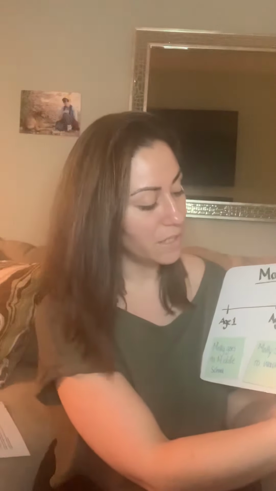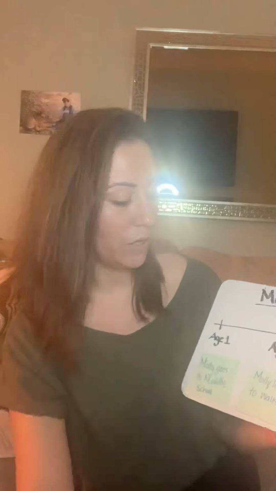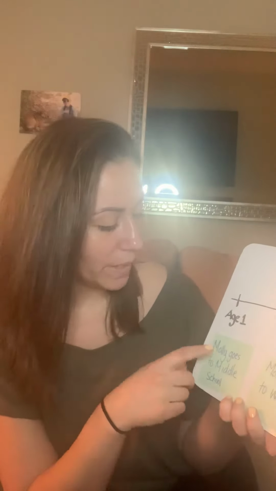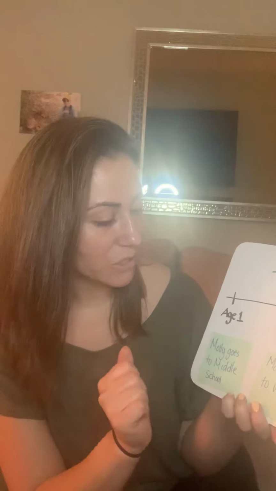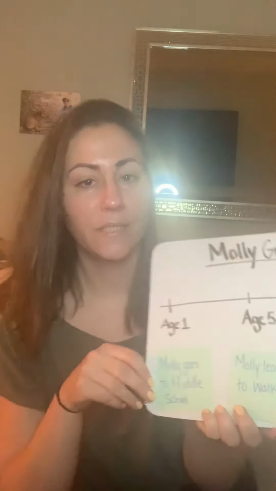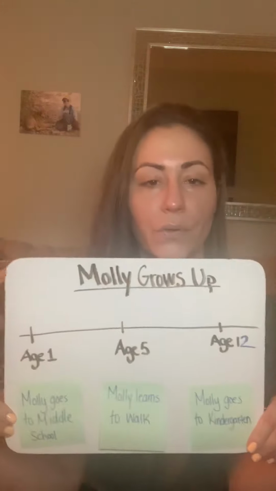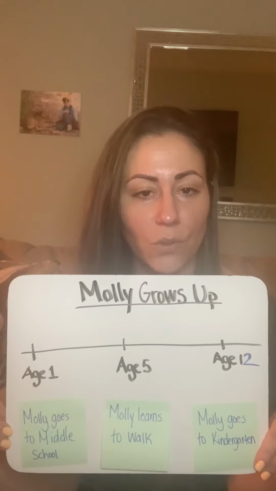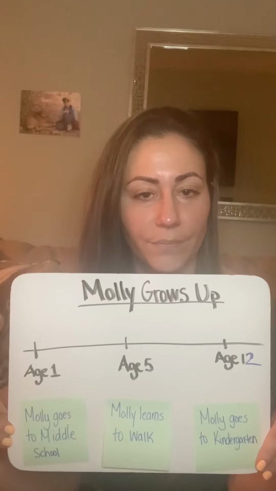So we need to figure out in which order do these life events belong. So when you are 1 year old, what is it that you would be doing? Would you be going to middle school, learning to walk, or going to kindergarten? What do you guys think? Middle school, learning to walk, or kindergarten?